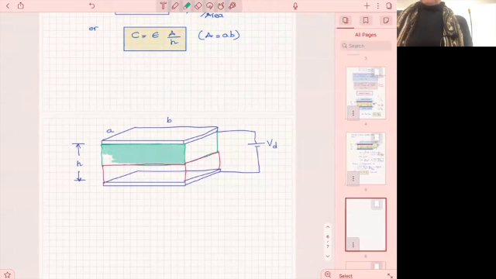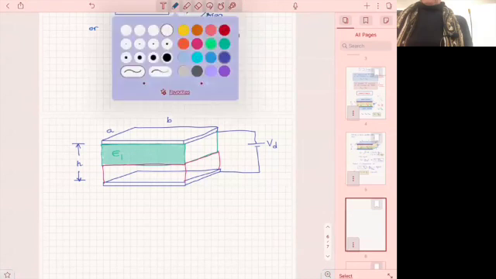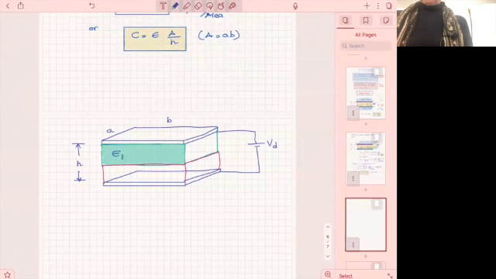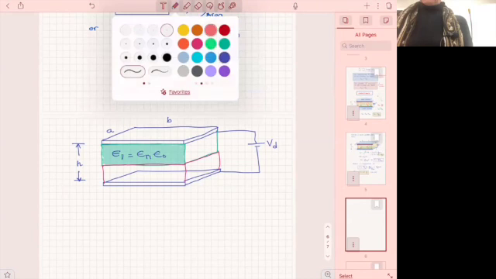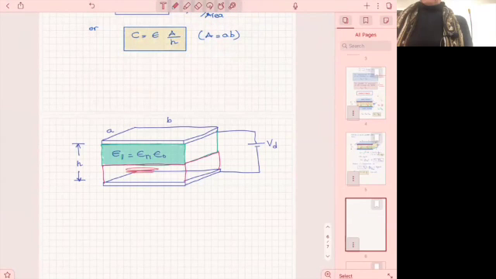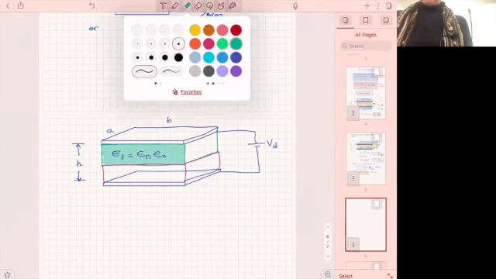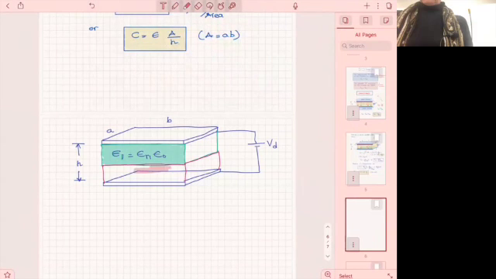So one is going to have epsilon 1, which is epsilon sub r1 epsilon naught. And the other one is going to have a different dielectric constant. Let's try to find now the capacitance for this one.